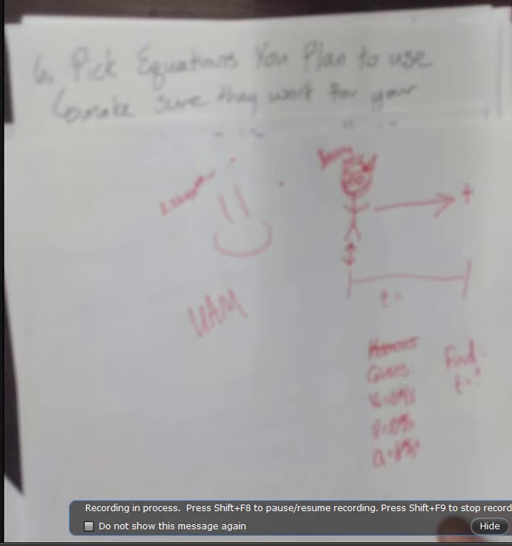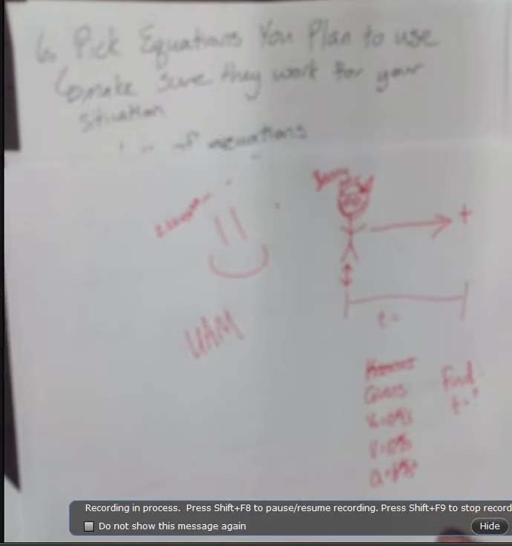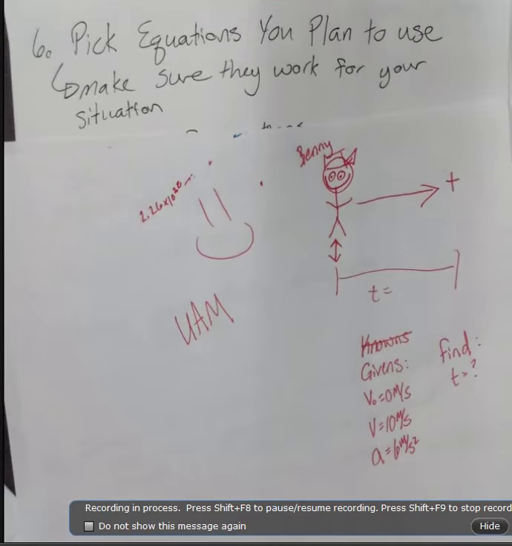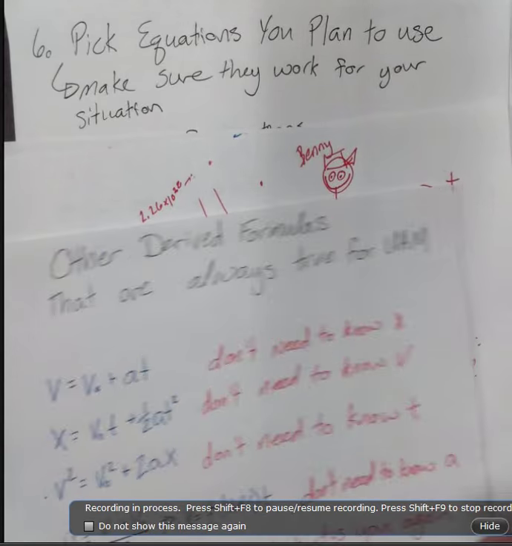we can pick equations that we plan to use, and we can verify that those equations are actually going to work for our situation. So we're going to be using one of our kinematic relationships that works for any uniform accelerated situation. I'm trying to pull them up, not because I don't remember them, but because I wanted to give you the visual. For uniform accelerated motion, like what Benny's doing, we're looking for that relationship.